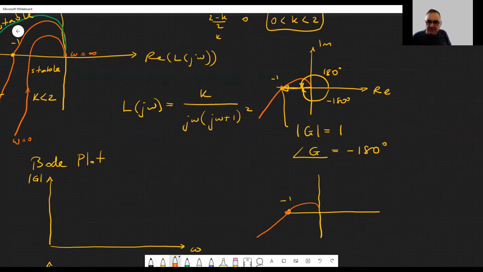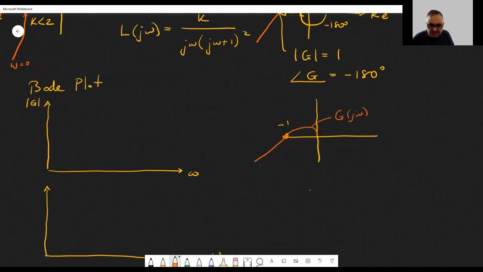It's like a g of j omega curve. g of j omega can be written as its magnitude times e to the j phi of omega. Okay. This is the magnitude, this is the phase. This is the polar representation.